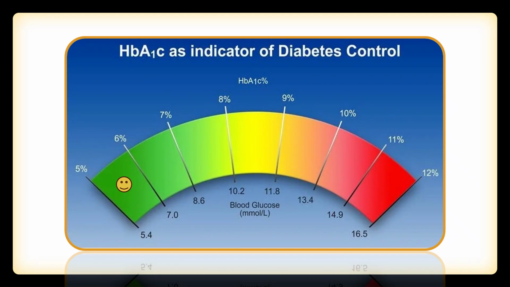From this picture, it is very evident that as the blood glucose level increases, the HbA1c level also increases, which means there is a direct relationship between blood glucose and HbA1c level. Whenever there is an increased blood glucose level, more glucose combines with hemoglobin to form more HbA1c. So a higher level of HbA1c in a diabetic indicates that blood glucose level is extremely high.